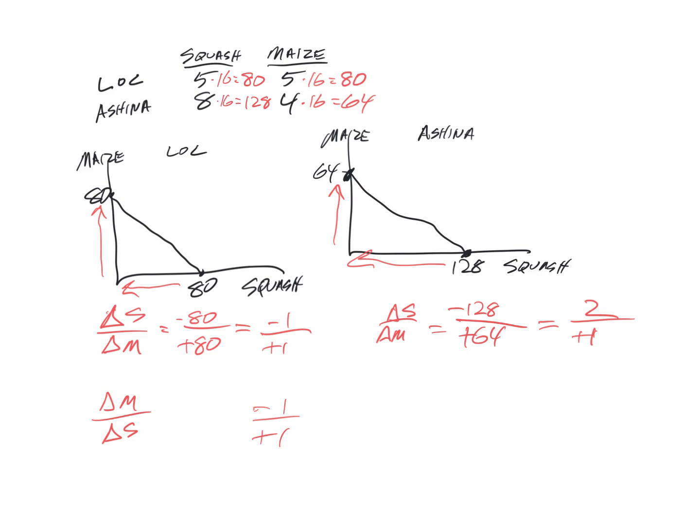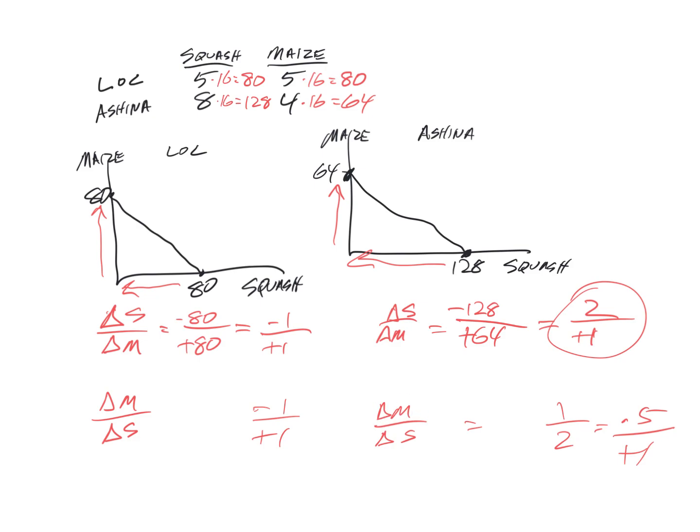And the same here for Ashina, the reciprocal of this becomes a half. 1 divided by 2 is 0.5. So 1 squash costs 0.5 maize.